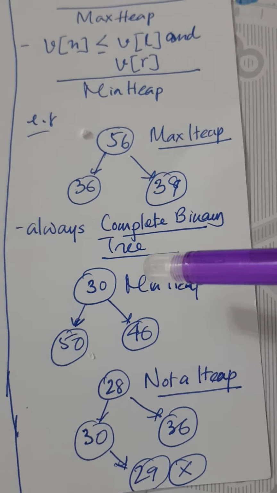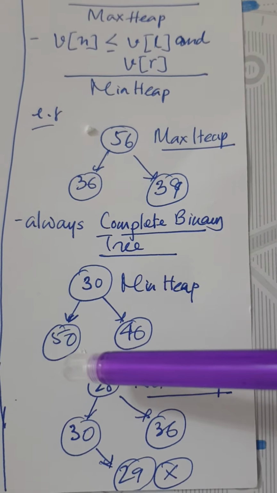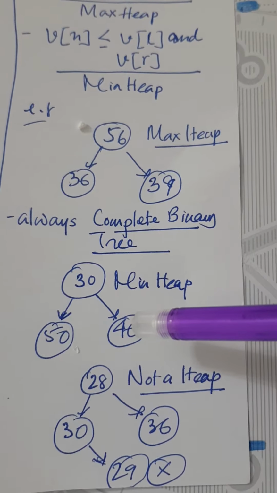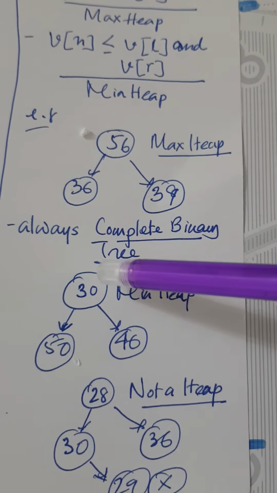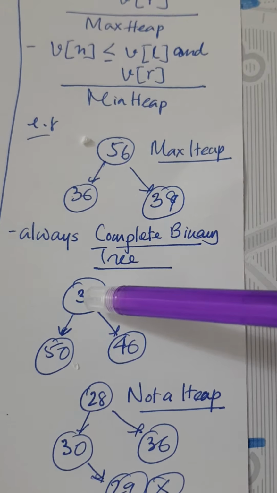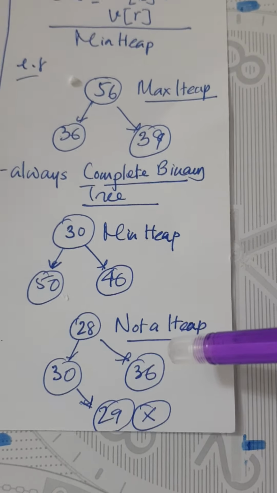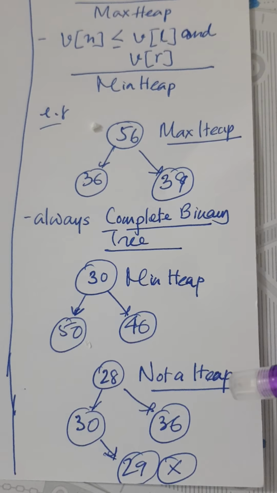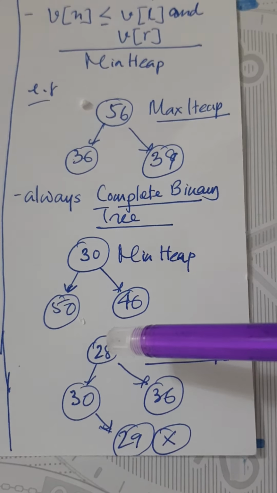See here, this is a min heap example, with 50 on the left and 46 on the right, and the minimum value is at the root. So min heap means the minimum value is at the root, but this tree must be a complete binary tree. For example, the next example I'm showing you is very interesting because it is not a heap. Why? 28 is the minimum value, fine.